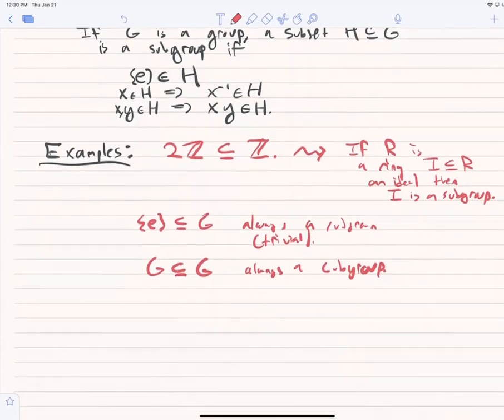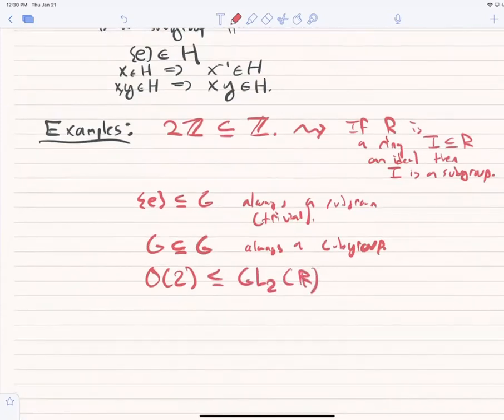Yeah, good. So we have 2 by 2 orthogonal matrices inside of GL2 of R. In general, you could do any sort of matrix group inside GLn for any field.